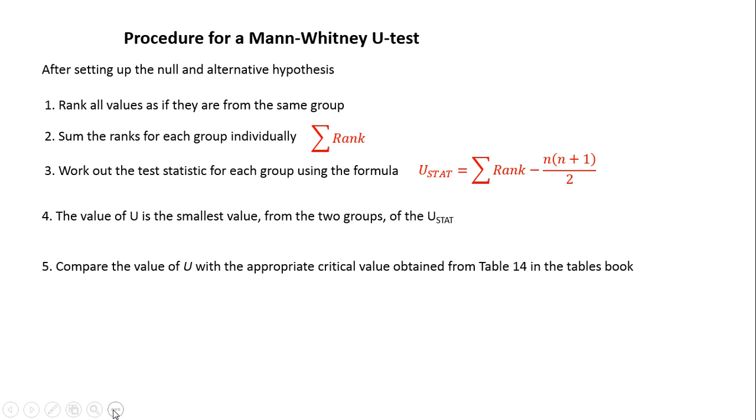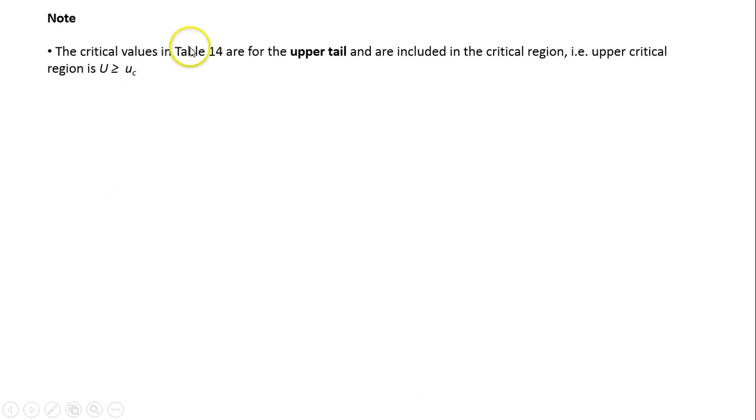Compare the value of U with the appropriate critical value obtained from table 14 in the tables book. The critical values in table 14 are for the upper tail and are included in the critical region. That is, the upper critical region is U greater than or equal to Uc, the critical value.